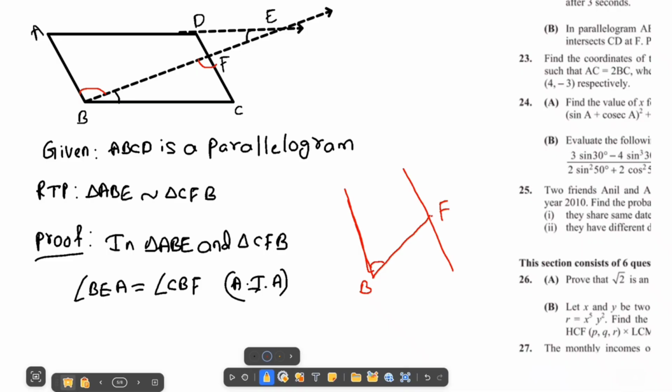So angle B and angle F are alternate interior angles. So therefore angle ABE is equal to angle CFB. So both are alternate interior angles.